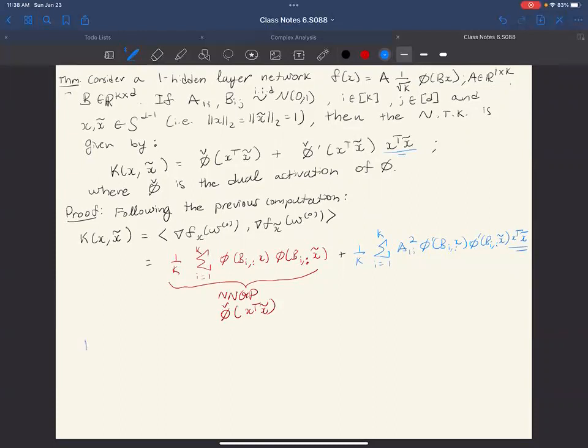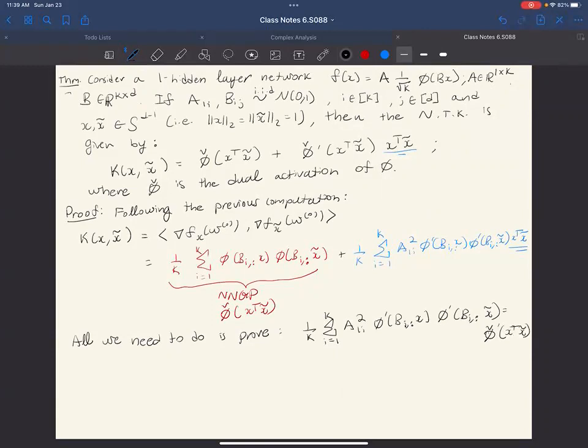So all we need to do is prove that 1 over k, sum from i equals 1 to k of a1i squared, phi prime of bi colon x, phi prime of bi colon x tilde, equals the dual activation derivative of x transpose x tilde.